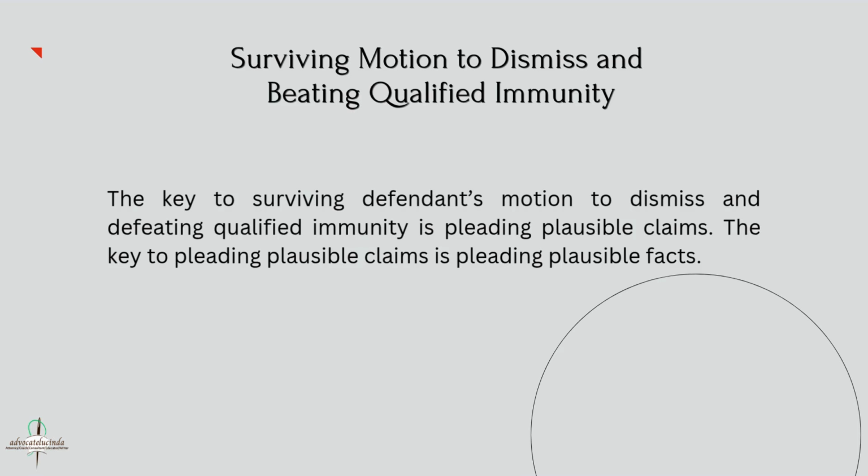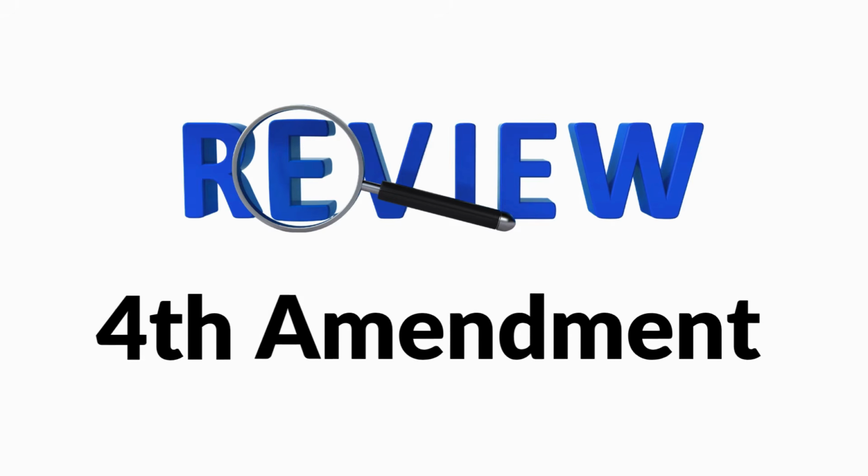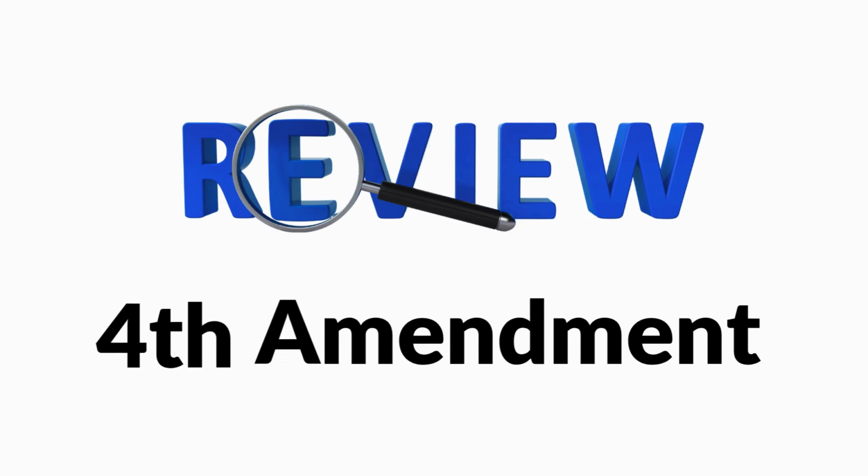The key to surviving defendant's motion to dismiss and defeating qualified immunity is pleading plausible claims. The key to pleading plausible claims is pleading plausible facts. So let's review the Fourth Amendment.